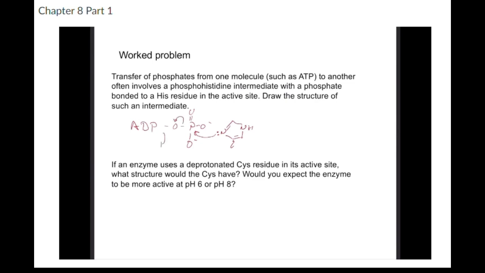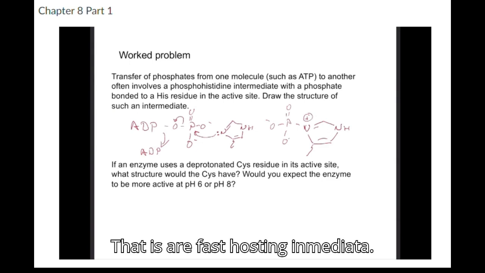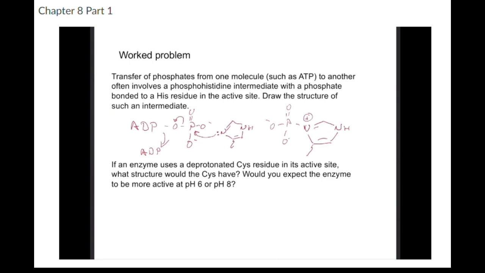So that's going to go off as ADP, and we're going to end up with our histidine residue bonded to phosphorus here. And our nitrogen is actually going to have a positive charge on it. That is our phosphohistidine intermediate.